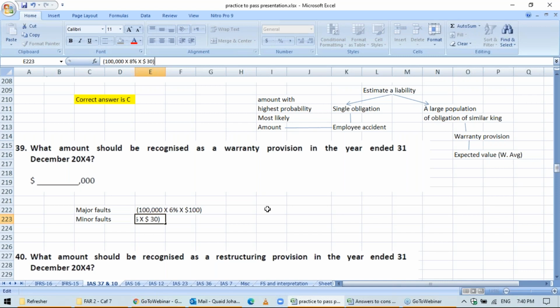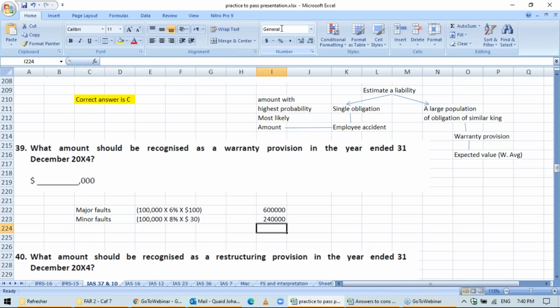So in expected value, we calculate two costs at their own probabilities. We have multiplied by 6% and 8%, and we will add both of the costs to arrive at the answer. I have used both the items, major faults and minor also, because both of these will occur several times, so you have to take an average.